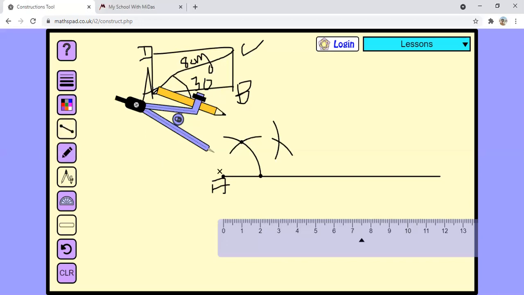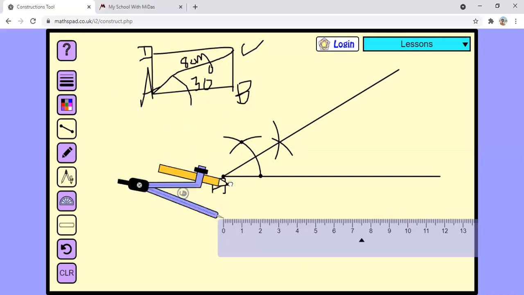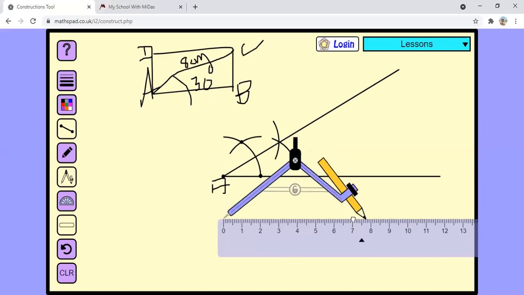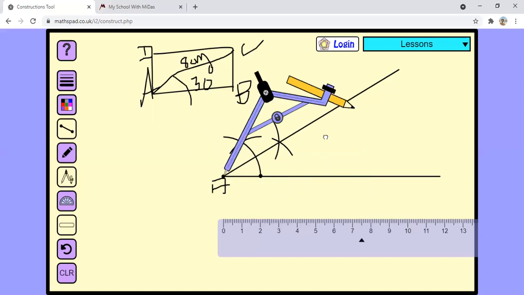You can use the ruler and join it with a long line here. Now we have to take the help of compass and ruler, and move the compass up to 8 centimeters, because we are drawing an 8 centimeter long diagonal. The diagonal is already constructed, but its measurement must be 8 centimeters. Put the compass at A and cut this side.